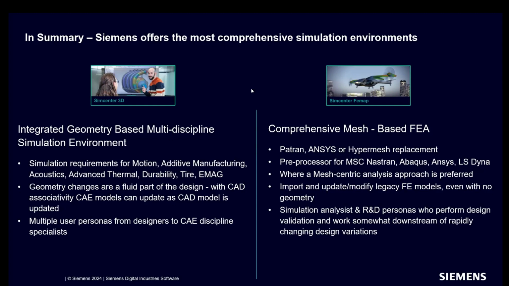And the beauty of it is, Patran is really written for MSC Nastran and nothing else, and ANSYS is written for ANSYS and nothing else. HyperMesh is a little more open than that, but having this multi-solver support built in, and support for all of the different CAD systems, is at the heart of this open concept that we use for Femap.